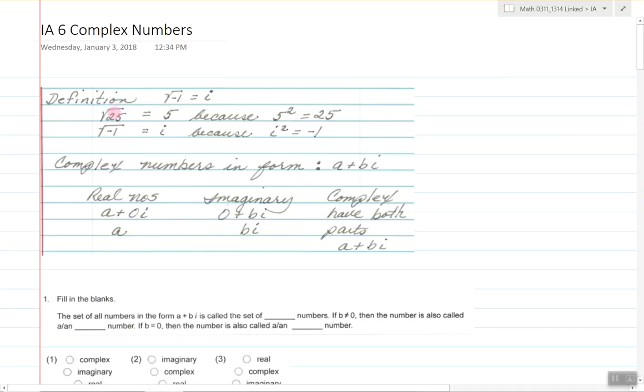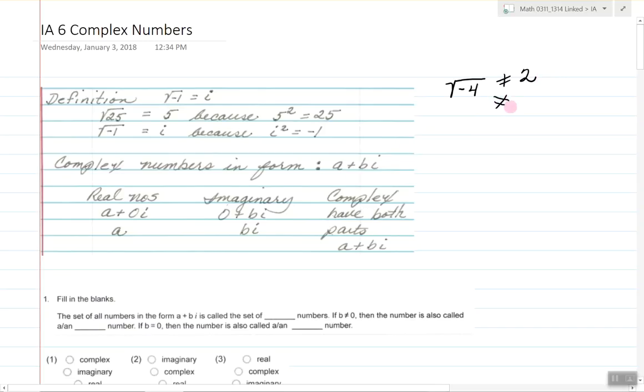The square root of 25 is 5 because 5 squared is 25. But when you work with negative radicands, say I had the square root of -4, well, it cannot be 2 because 2 squared is not -4.